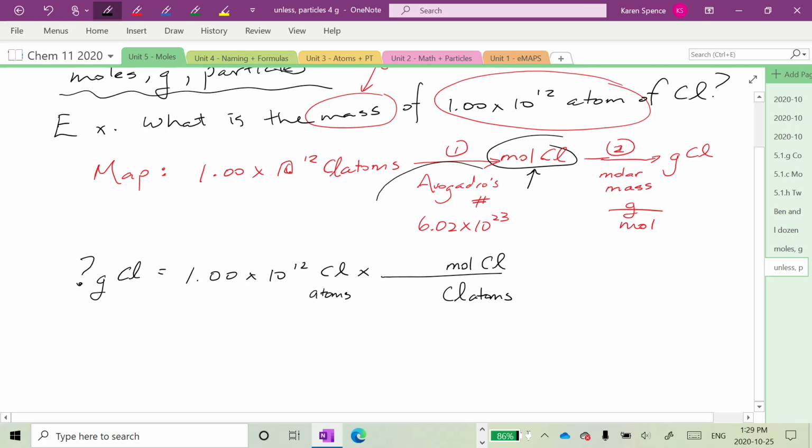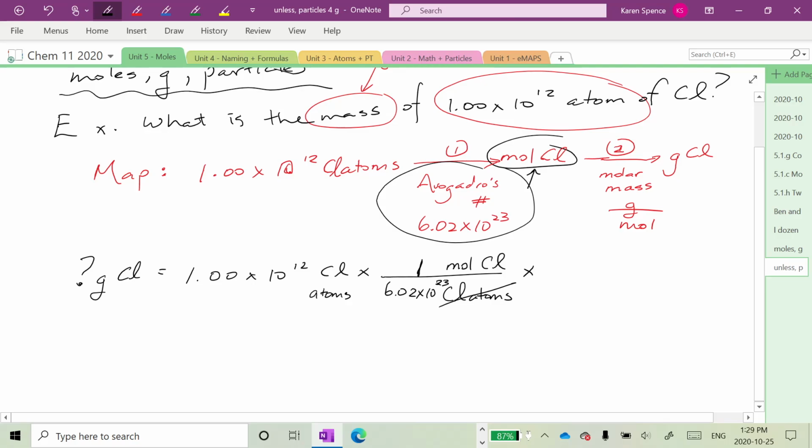And we agreed we're going to use Avogadro's number for that. Now remember, you can either have mole or you can have 6.02 times 10 to the 23. So we already have mole on the top, so the 6.02 times 10 to the 23 has to go on the bottom with the atoms. And that makes sense because there are a lot of chlorine atoms in 1 mole. There's not a lot of moles in 1 chlorine atom. That doesn't make any sense at all.